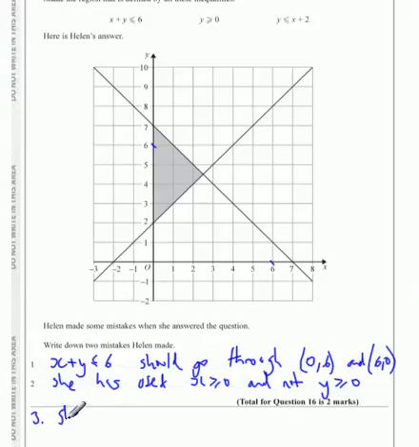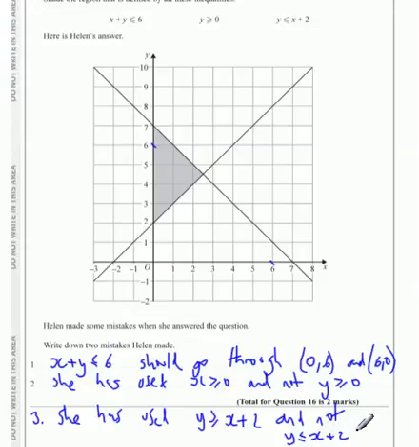So she has used y is greater than or equal to x plus 2, and not what is written, which is y is less than or equal to x plus 2.